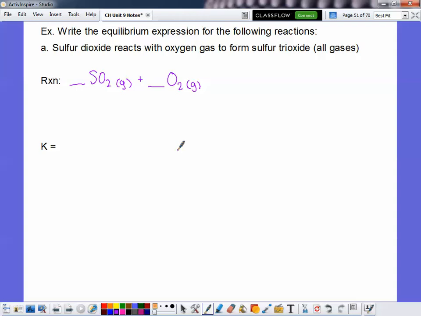And we're going to use that equilibrium arrow, that reversible one, to show that the reaction can occur in either direction. What's our product? SO3, which is a gas. So now what do we need to do with this reaction? Balance it.